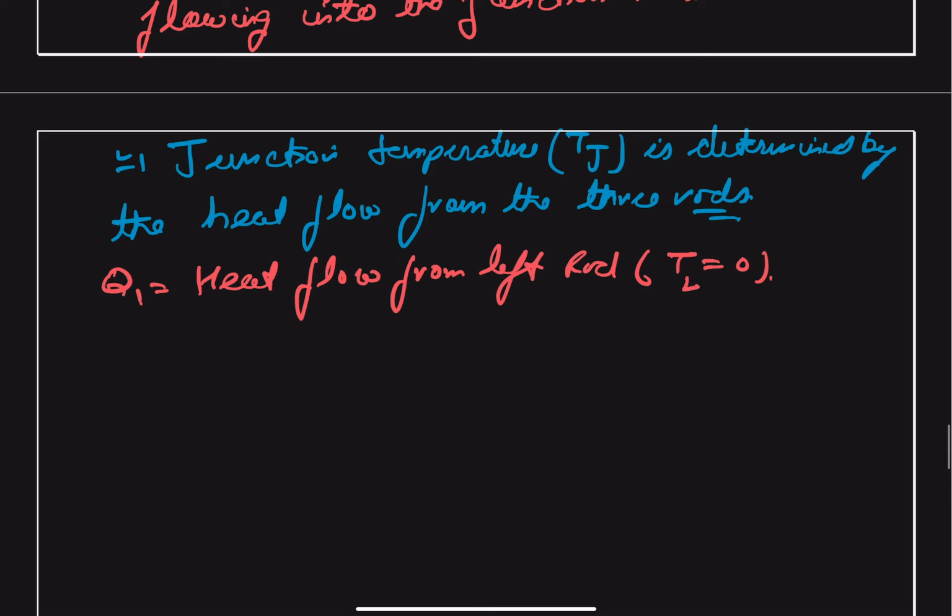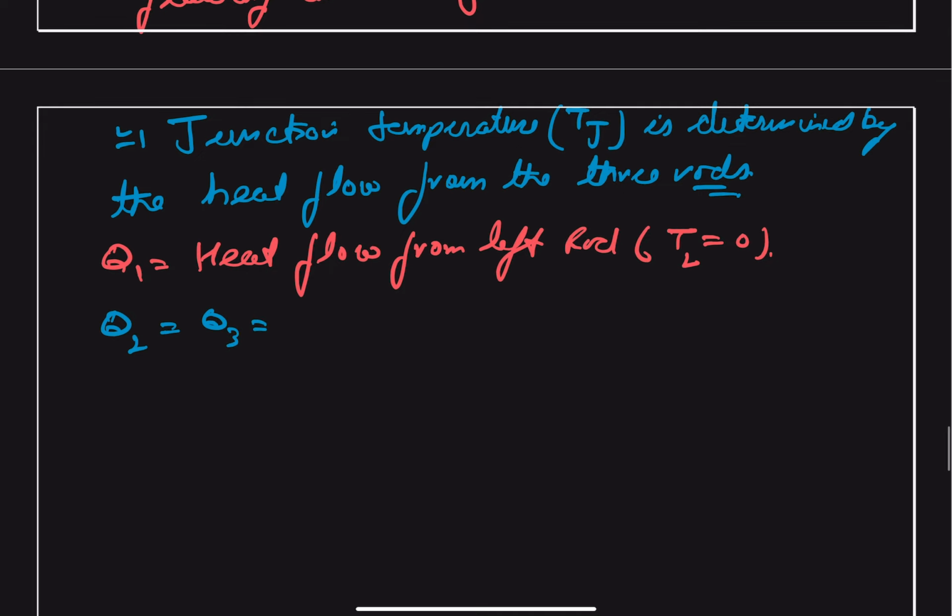And we have two rods on the right, and their both end temperature is same. So Q2 is equal to Q3, and this is our heat flow from the right rods, and temperature, let us call it T right, is 90 degree.